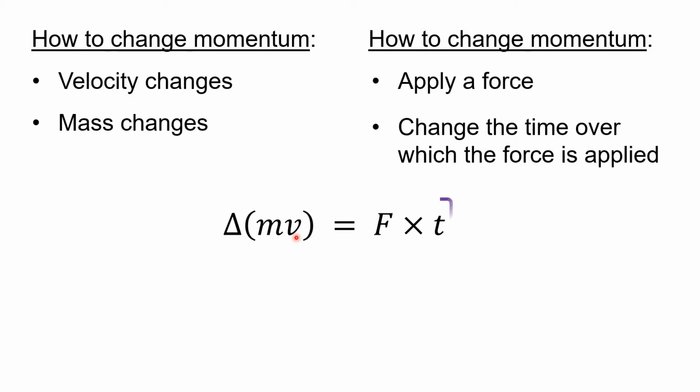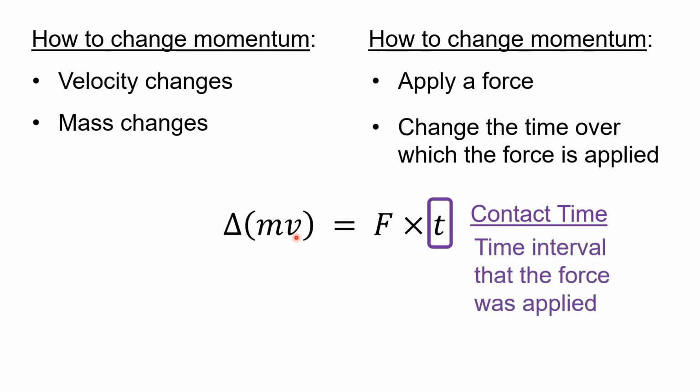And first of all, I need to emphasize that t here is what we call contact time. It's not just any time. So this is specifically the time interval that the force was actually applied. I'll use my example of throwing a ball to illustrate. Let's say I throw a ball and it travels 10 meters. Okay, so the time wouldn't be when I started throwing to when it landed 10 meters away.